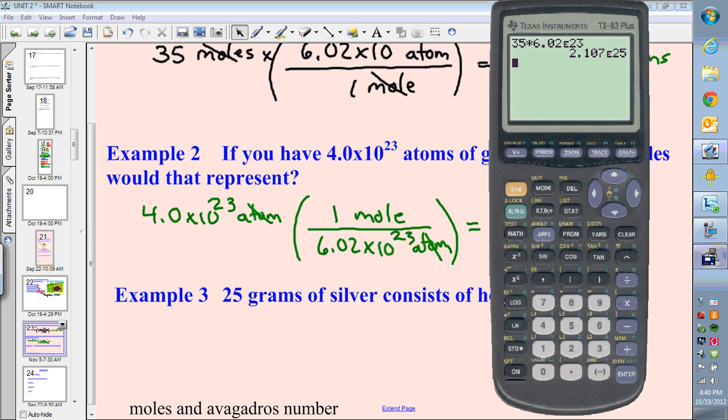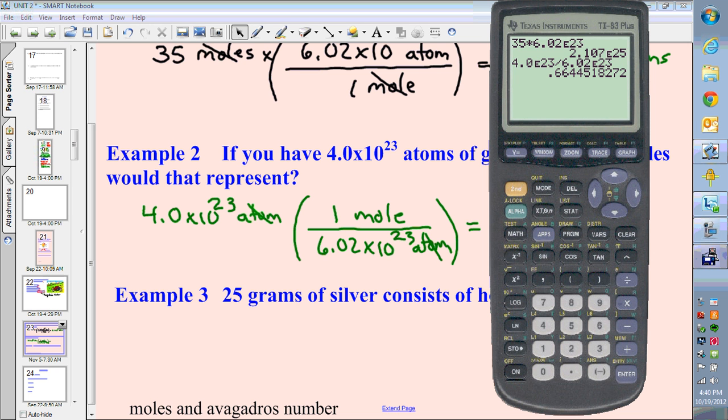So on the calculator, we take 4.0 times 10 to the 23, divide by 6.02 times 10 to the 23, and that gives you 0.6644. Well, you notice you just wasted a lot of time in your calculator typing in times 10 to the 23 in the numerator and times 10 to the 23 in the denominator. It's the same thing.